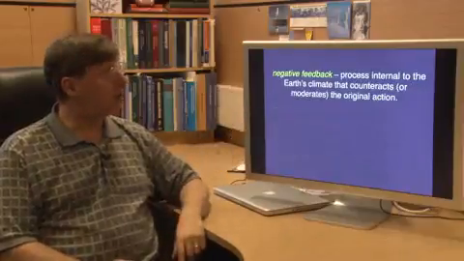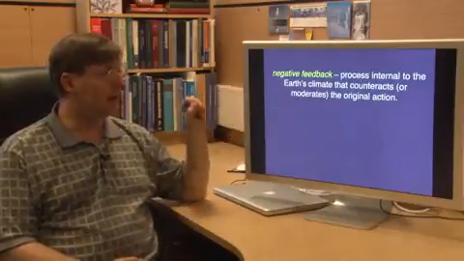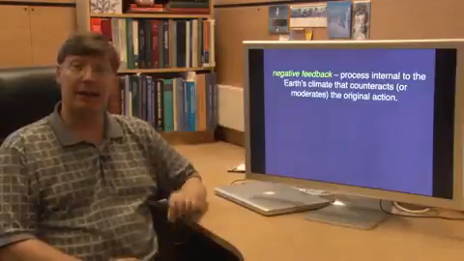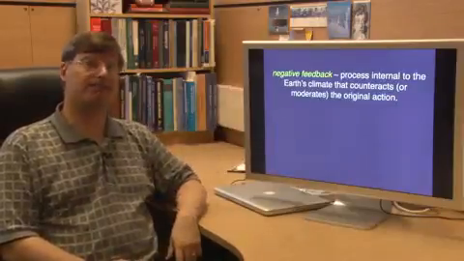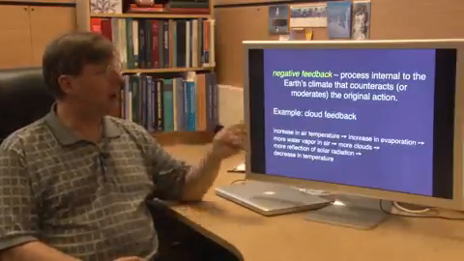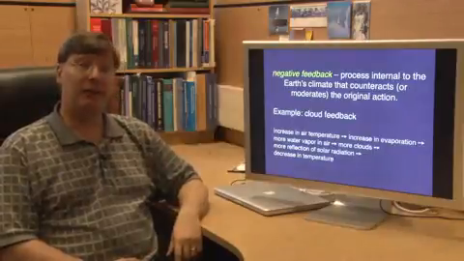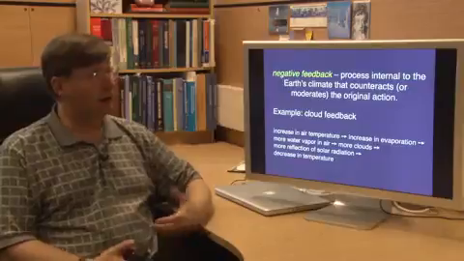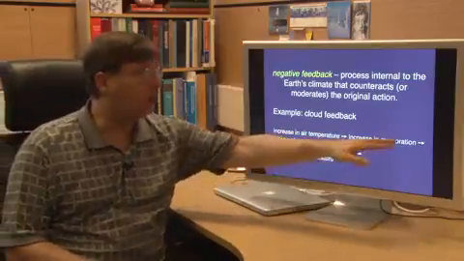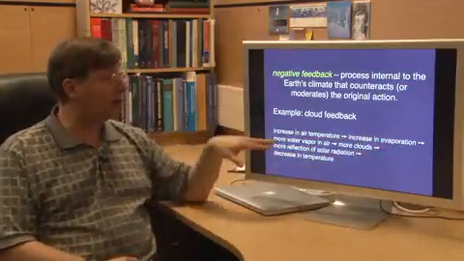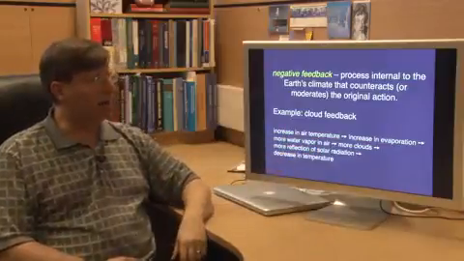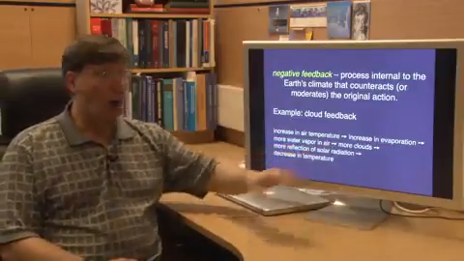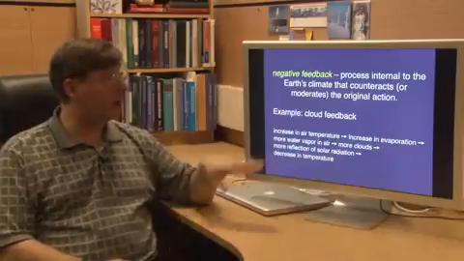Compare that to a negative feedback. This is a process that counteracts the original action. So here we have the example of a cloud feedback, where if we increase the air temperature of the atmosphere, that again will lead to an increase in evaporation, which will put more water vapor in the air. More water vapor in the air means that it's more likely that clouds will be formed.